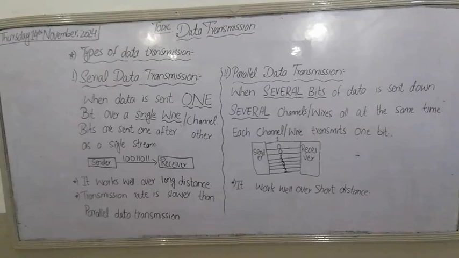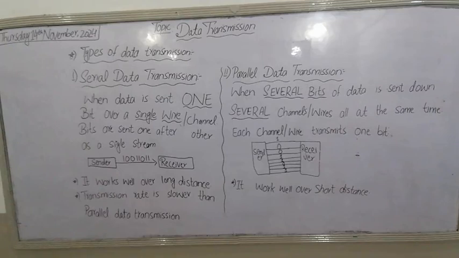Because parallel data transmission works well over a maximum of 20 meters. If the distance is a maximum of 20 meters, it will work well. But if the distance is more than 20 meters, what will happen? The data will become skewed.